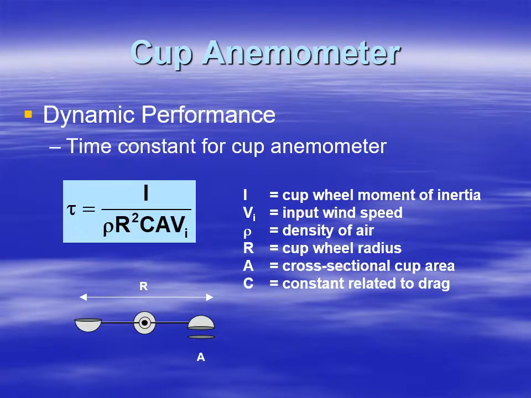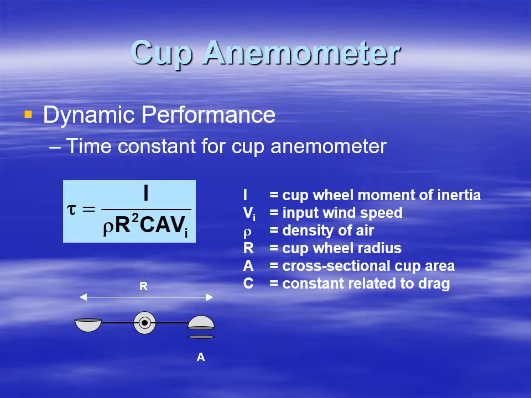Likewise with the time constant for thermometers, we can come up with the physical requirements for the time constant for the cup anemometer. In this case, it depends upon the characteristics of the anemometer. We're talking about a cup anemometer, so of course you've got the coefficient of drag, you've got the area of the cup, and you've got the cup wheel radius, in other words, from the center of the anemometer out to the cup.